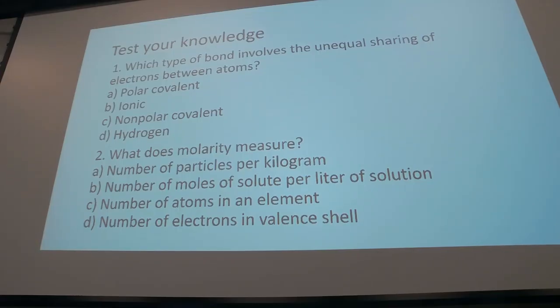Unequal sharing of electrons. A, polar covalent. Ionic is donating or accepting. Nonpolar is equal sharing. And then hydrogen bonds, there is no sharing of electrons, right?